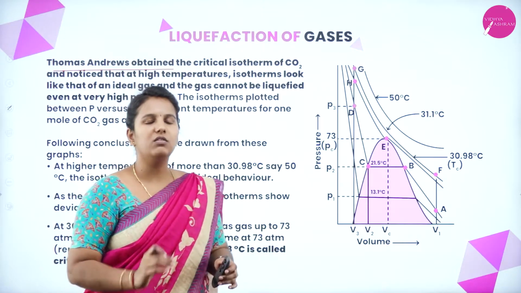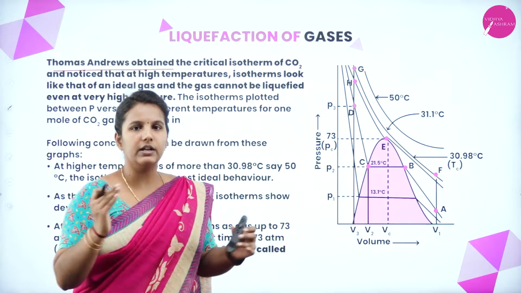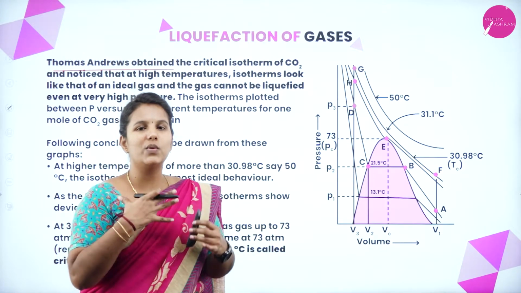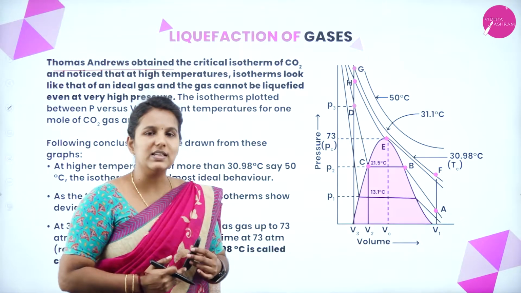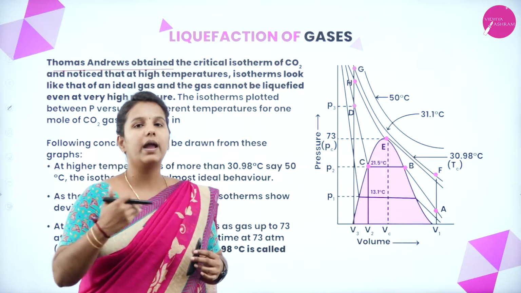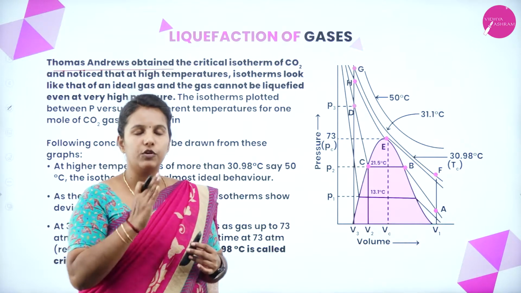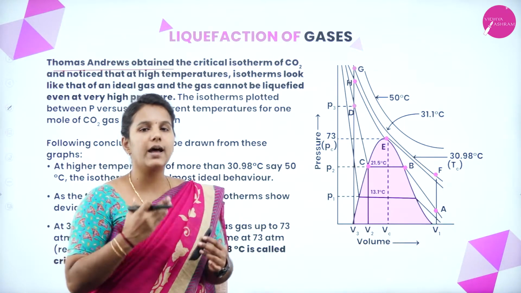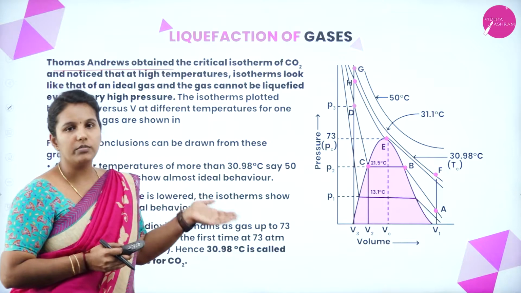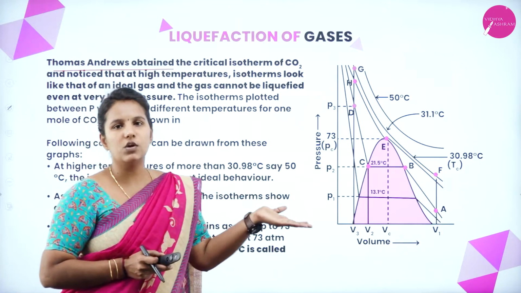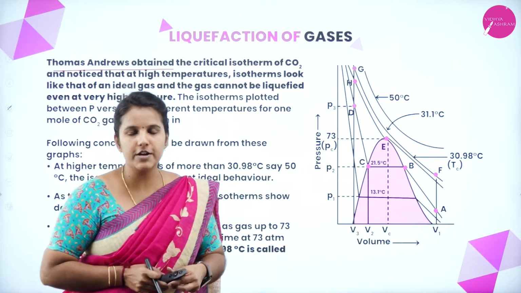At the beginning, he observed that as we increase the pressure and the volume, gases behave differently. One of the most important things is that he observed these changes at different temperatures. At a particular temperature, if you raise the pressure and the volume, how does carbon dioxide behave? That was first observed by Thomas Andrews, and this curve is also known as the Thomas Andrews curve of CO2, that is carbon dioxide.